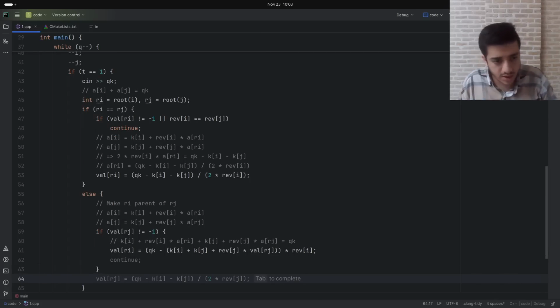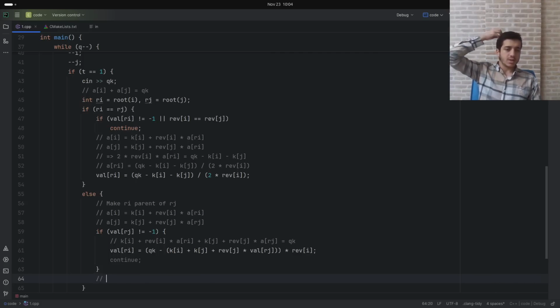So it's the last case in which we want to find a of Rj based on Ri.